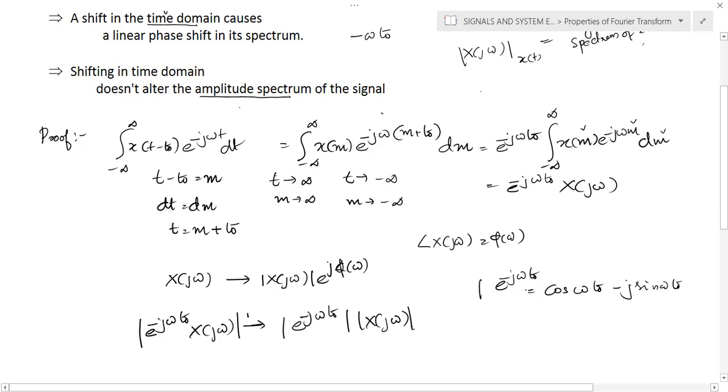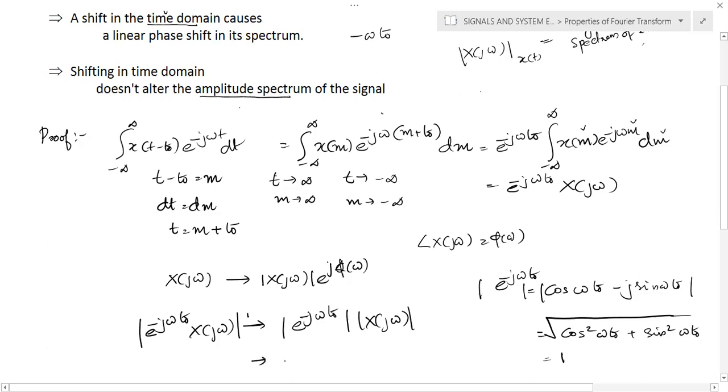If you take the modulus of this particular quantity, it's a complex number. If the complex number is in a plus jb form, you need to write square root of a square plus b square. So it's simply the square root of sine square theta plus cos square theta, which is equal to 1. So the modulus of this exponential term is equal to 1.